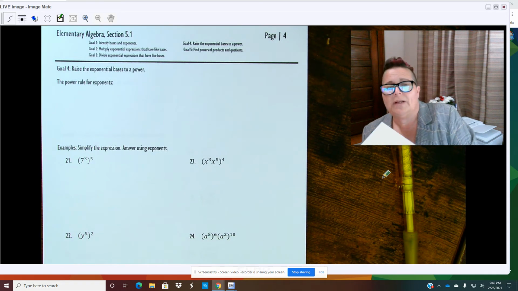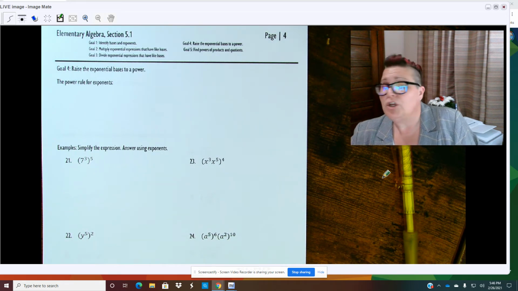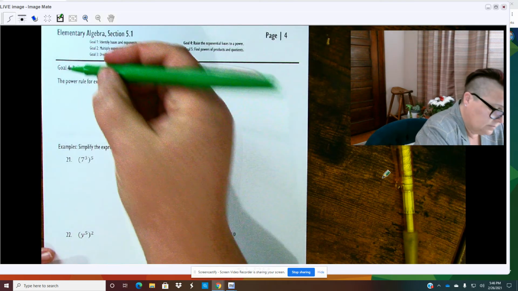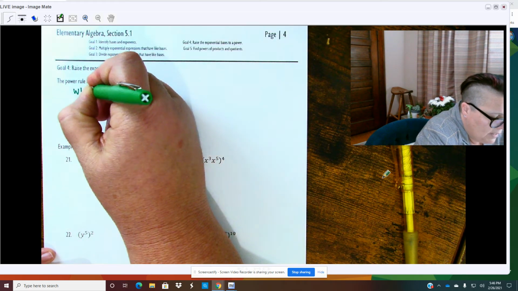The next rule is what happens when you raise an exponential base to another power. Here's what happens.